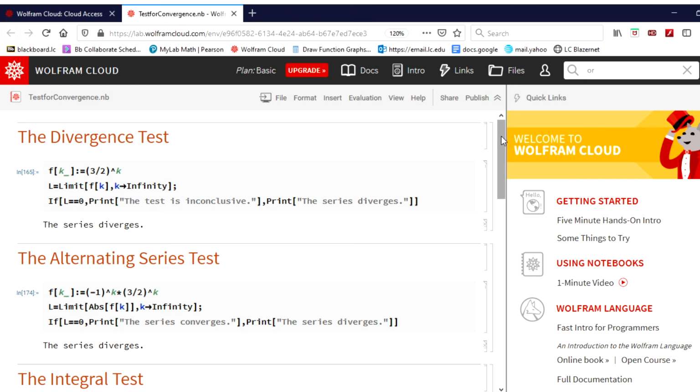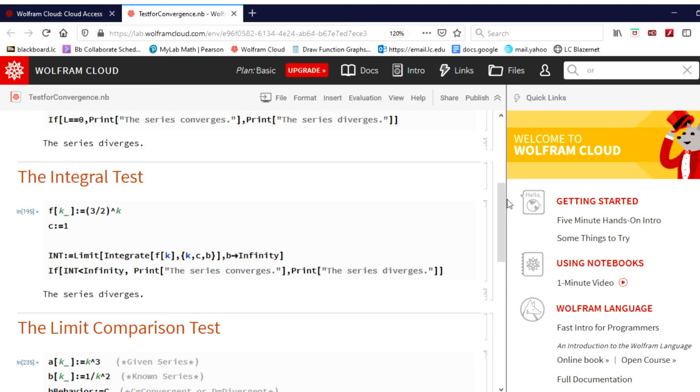The only test I don't have here is the comparison test. I was thinking of programs that I could write for that, but it's not so easy to have Mathematica actually do what is needed in the test, and that is observing this behavior of being bigger than or less than when convergent or divergent.